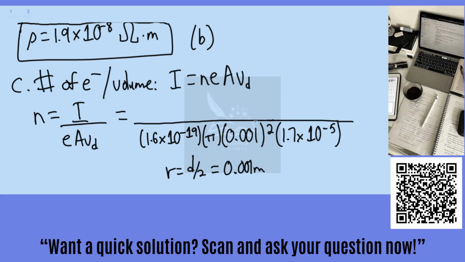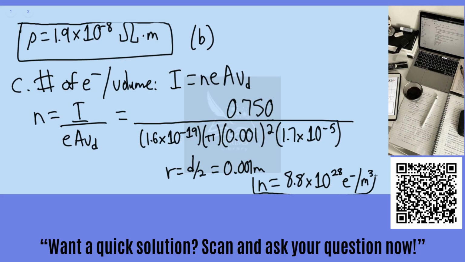And then the current here, 0.750. So we can find that N is going to simply be equal to 8.8 times 10 to the 28th, and this will be electrons per meter cubed. So this would be our answer for part C.